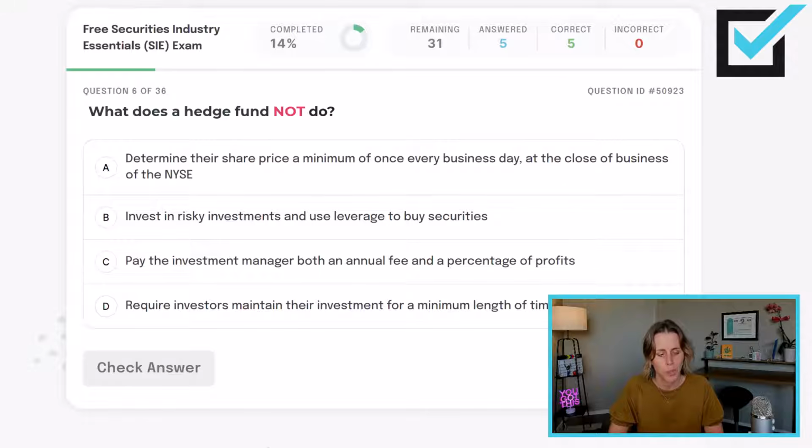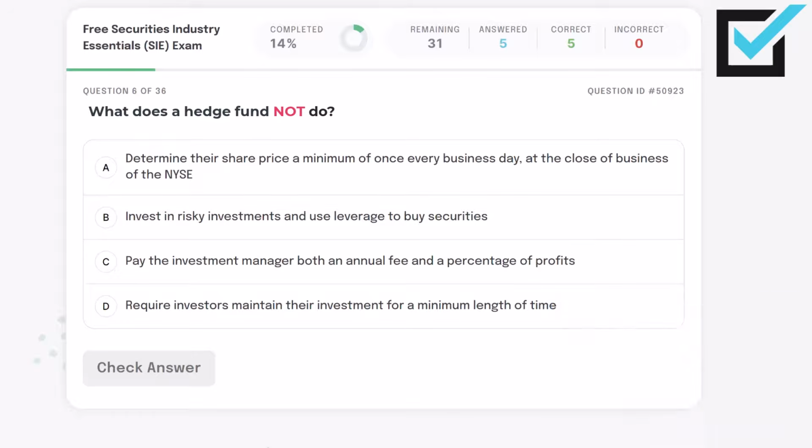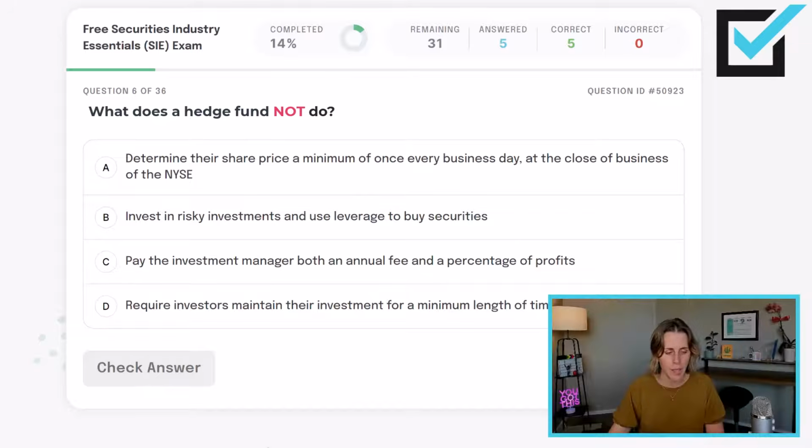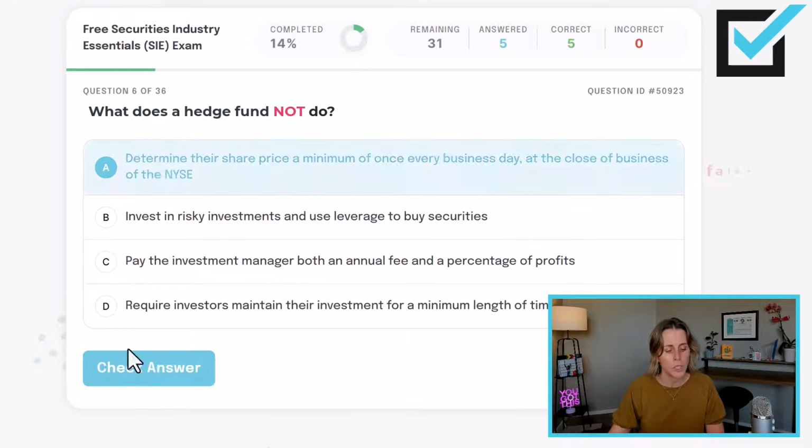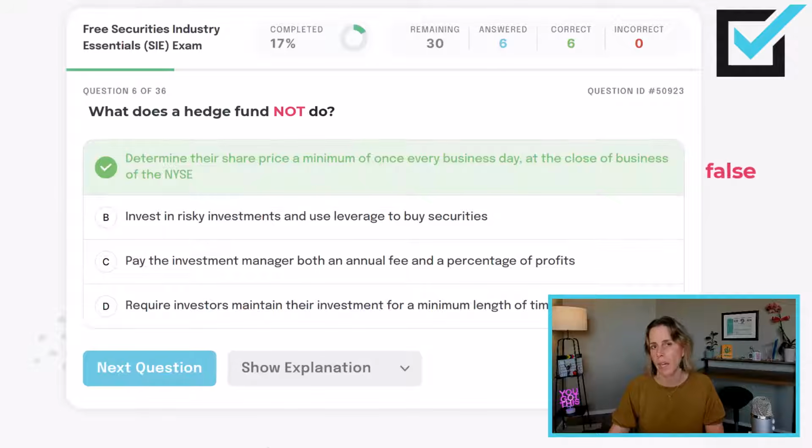Yes, true. Pay the investment manager both an annual fee and a percentage of the profits. True. Require investors maintain their investment for a minimum length of time. True. So there's only one false statement, and that is this first statement, which is actually true if we're talking about an open-end mutual fund. But this was a question about hedge funds. This is false. They don't have to do that at all.